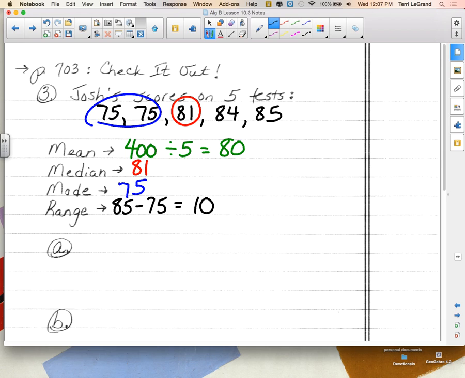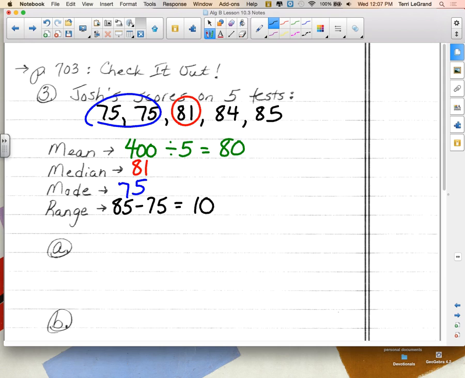Okay, now we're going to answer some questions, A and B. The middle, when they're in order. Okay?